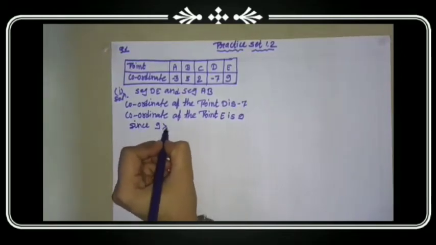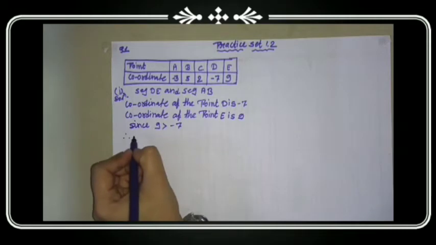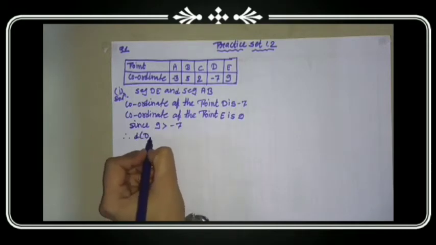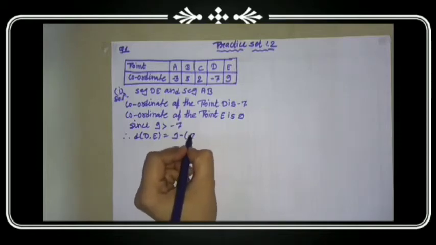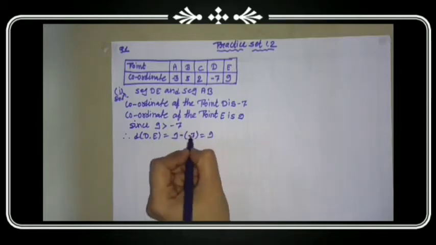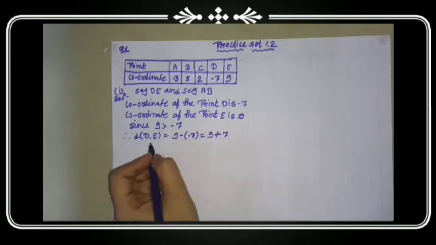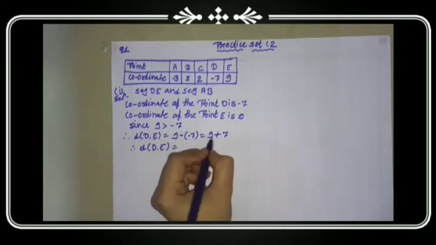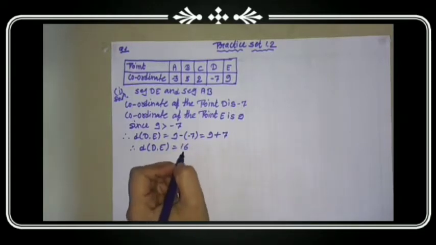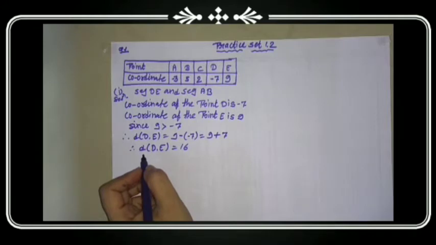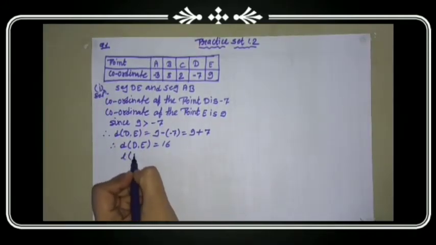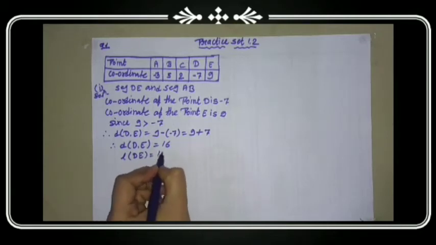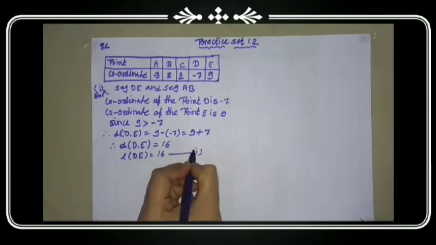Since 9 is greater than -7, therefore distance of DE equal to 9 minus -7 equal to 9 plus 7. Therefore distance of DE equal to 9 plus 7 equal to 16. It is also denoted by length of segment DE equal to 16. It is denoted by first equation.